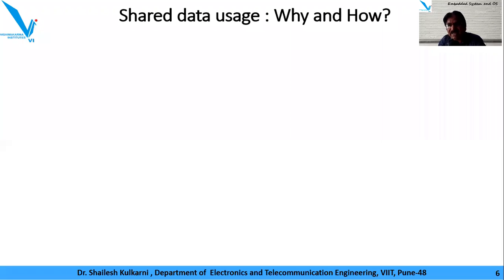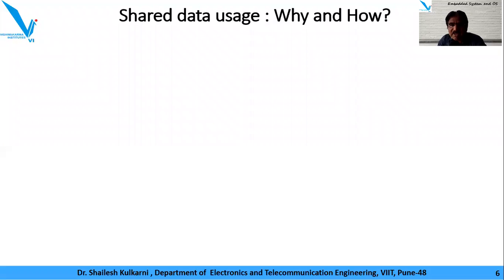It depends on the design, on the different aspects that you want to cover, along with control over time and response time, along with the availability of resources in your system, and along with the data that you wish to share among the different tasks. And subsequently we need to discuss what shared data usage is, and why and how it is to be used.